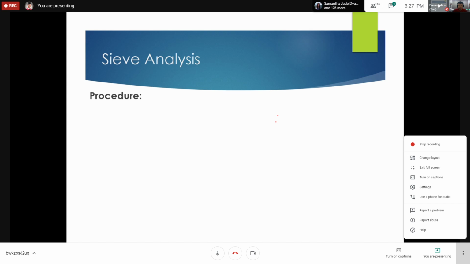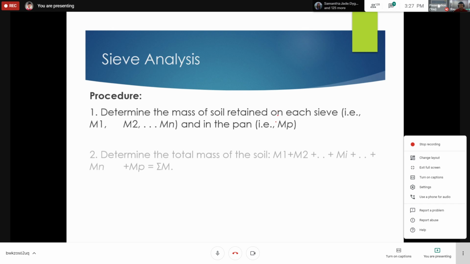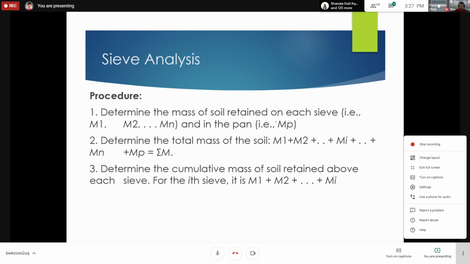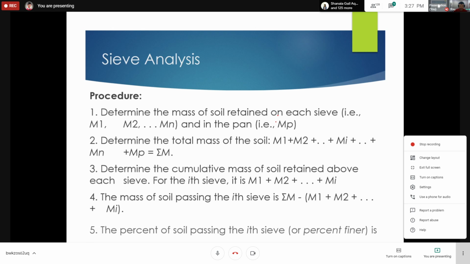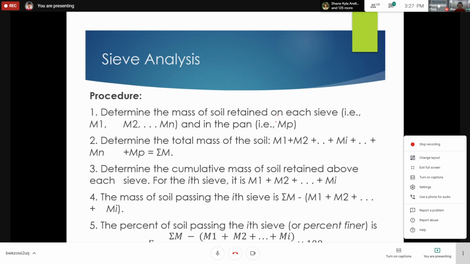Okay, so sieve analysis procedure. We have 5 different procedures. We will not start calculating yet, but the calculation here is easy because it's just plus, multiply, minus, and divide.